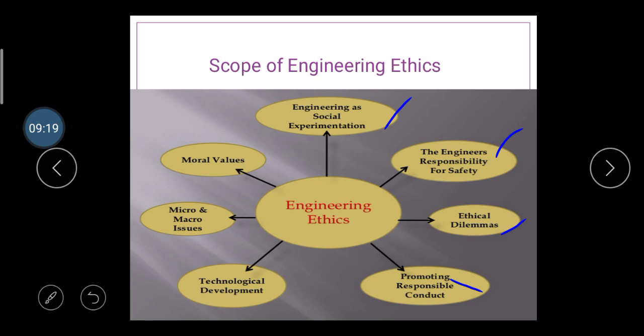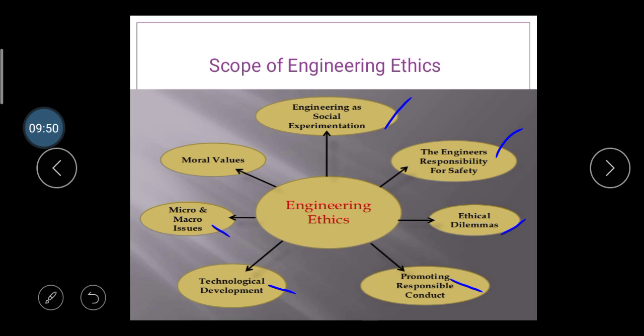Then after, technological development. It is very important, because whenever you work as an engineer, you provide the technological development required for the public and for organizational development. Then after, micro and macro issues. Micro means small issues, and macro means the bigger, huge issues that are faced by the engineer whenever they are working in their professional lives.